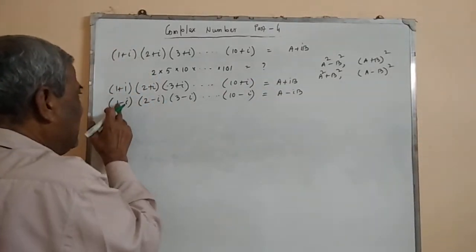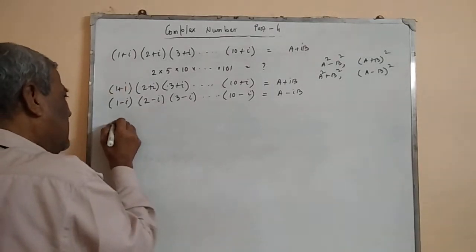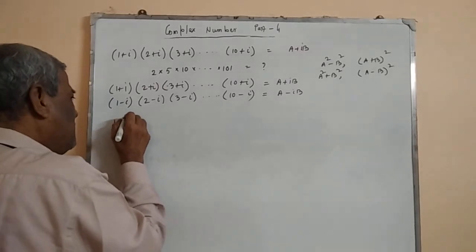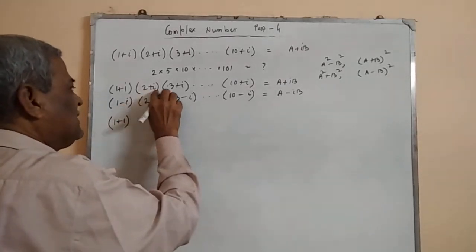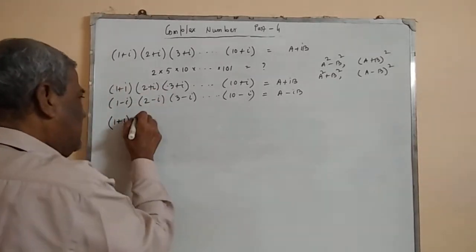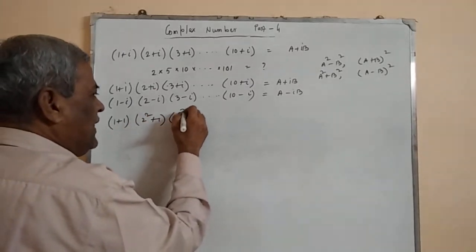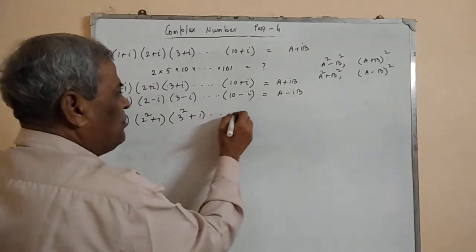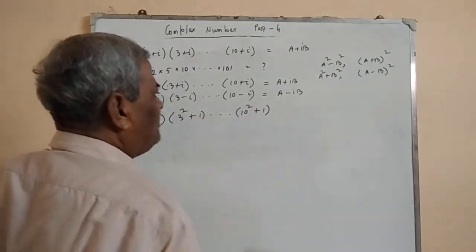So on the left hand side, (1 plus i) into (1 minus i), this is (2 plus i) into (2 minus i), 2 square minus i square, this is 3 square plus 1, up to 10 square plus 1.